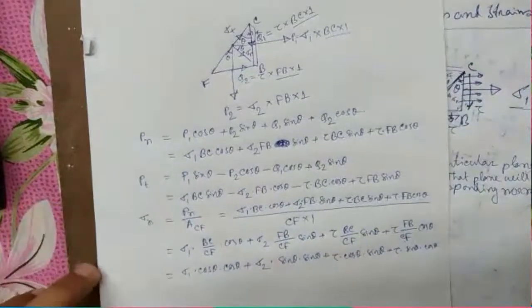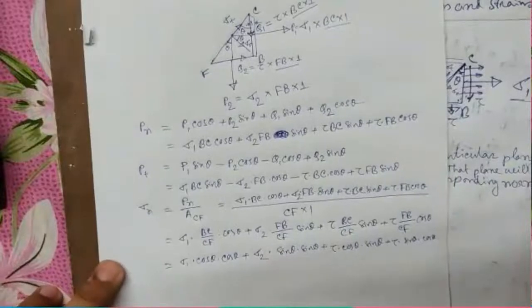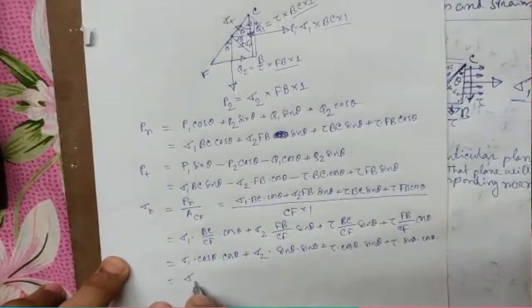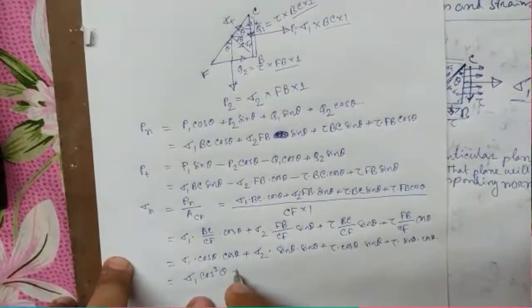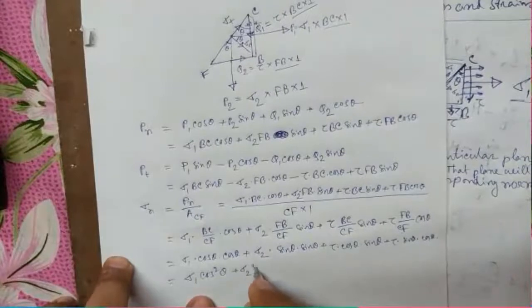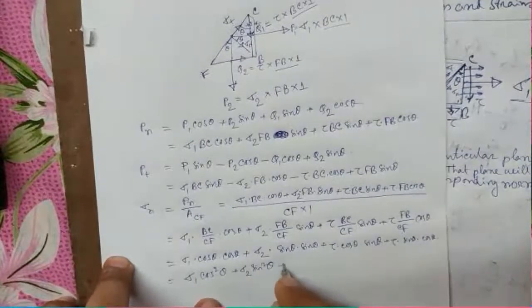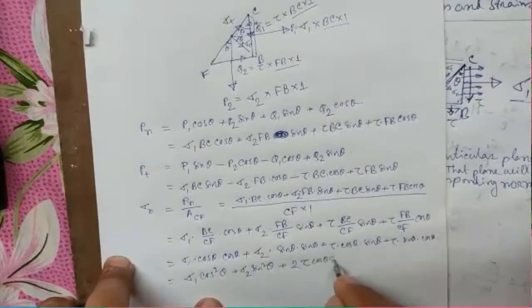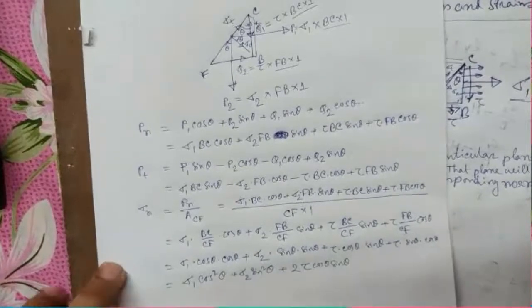This is from the geometry of a triangle. So we can write this as sigma 1 cos square theta plus sigma 2 sin square theta plus 2 tau cos theta sin theta.